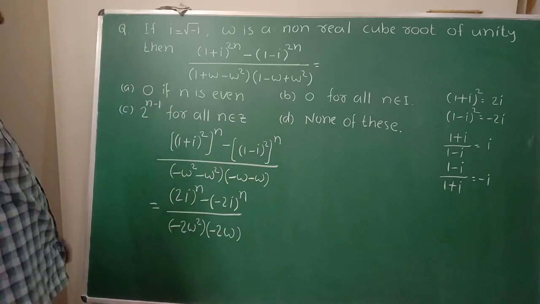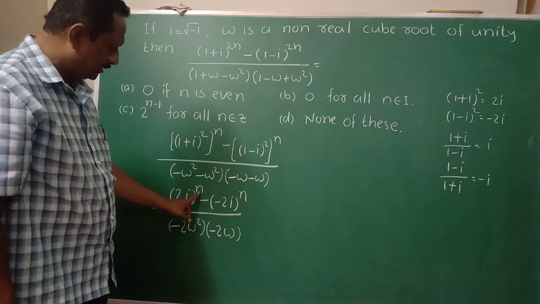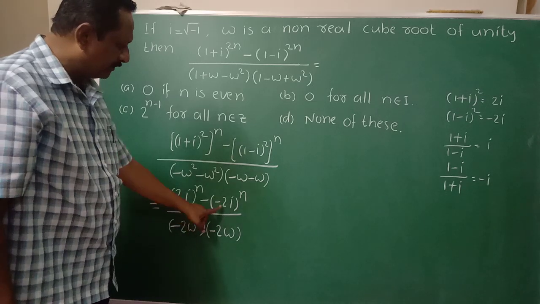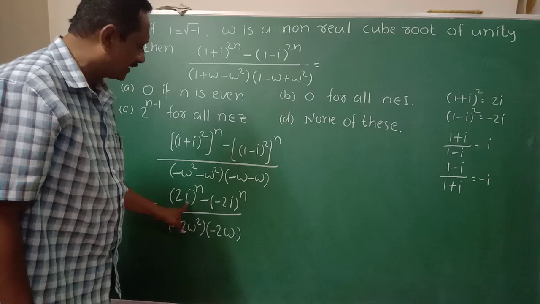Okay, next here 2 raised to n, i raised to n, minus, then minus 2 raised to n, i raised to n. You can take i raised to n common factor here.